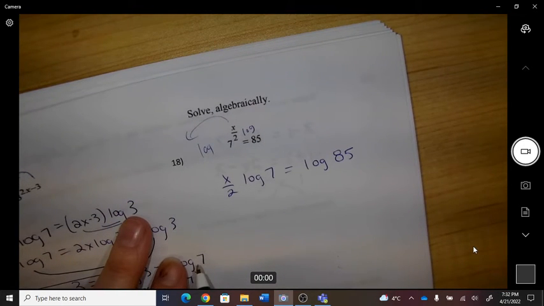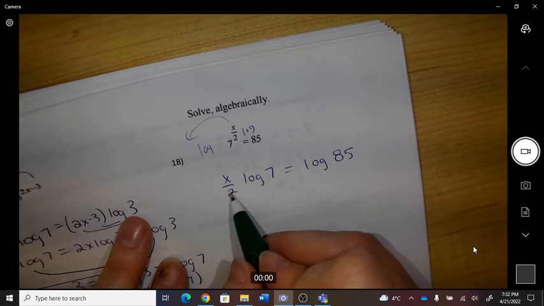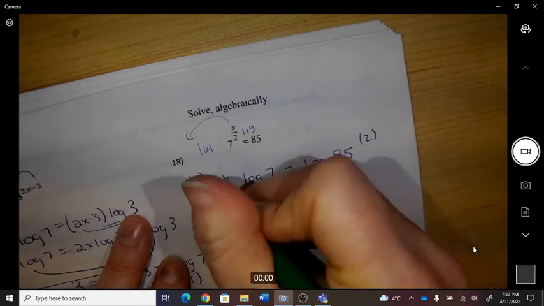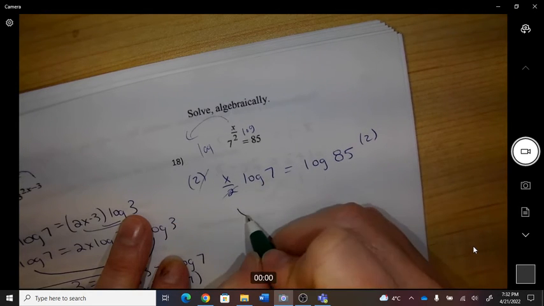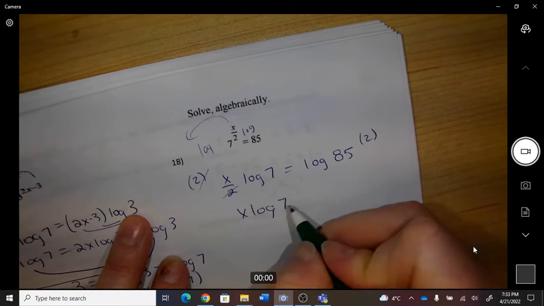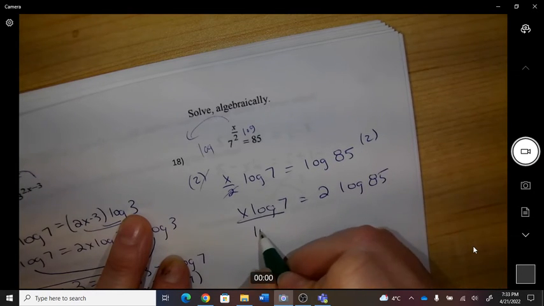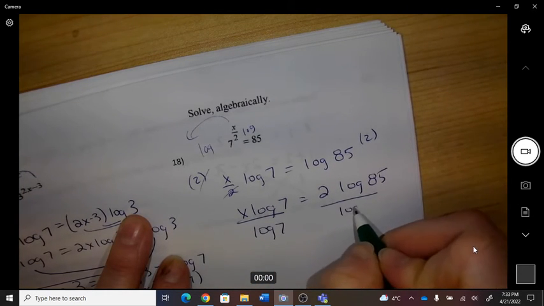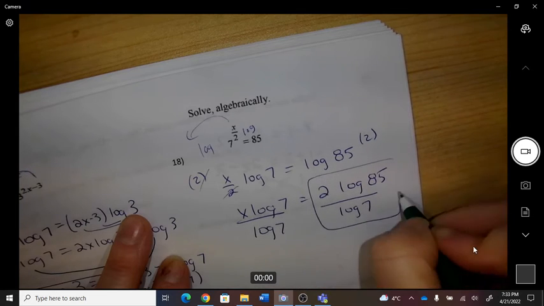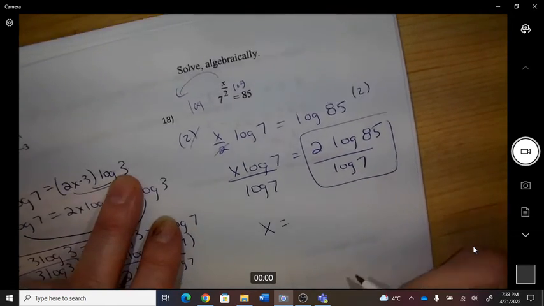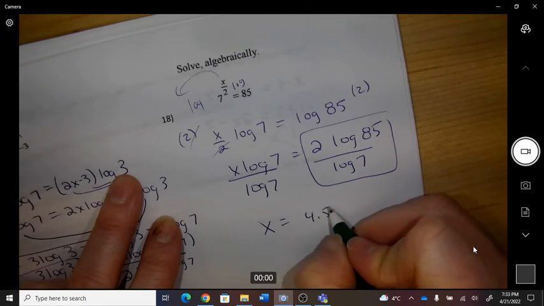Okay, now I'm going to times both sides by 2, just to get rid of that. So x log 7 equals 2 log 85. To get x alone, I'm going to divide. So this is what I'm typing into my calculator, and it's 4.566.